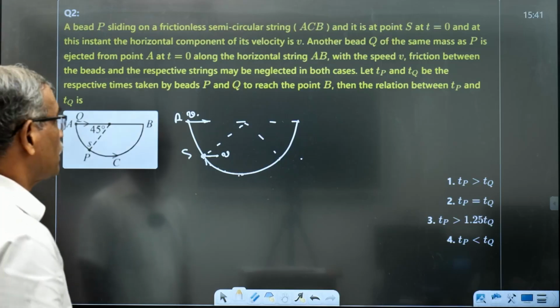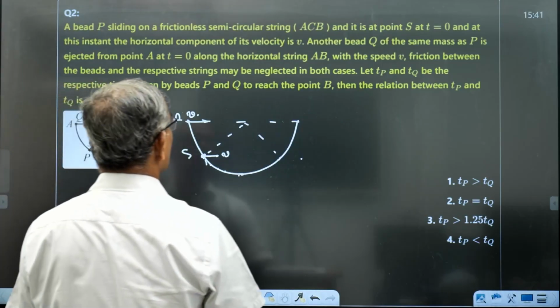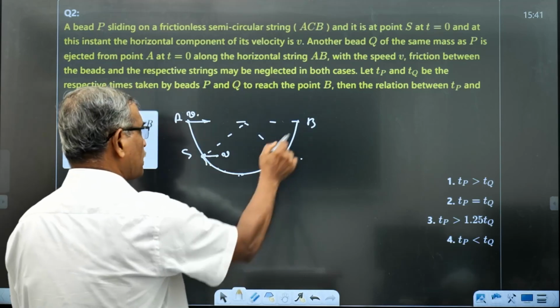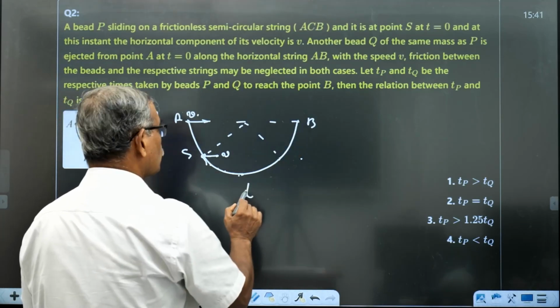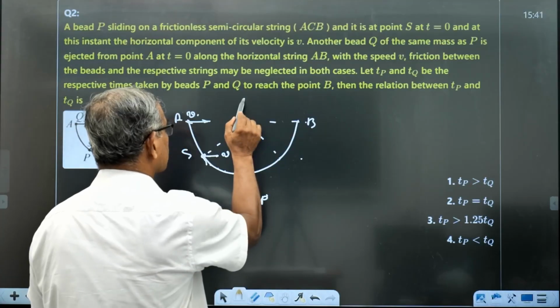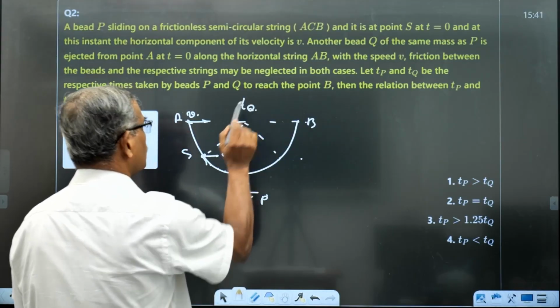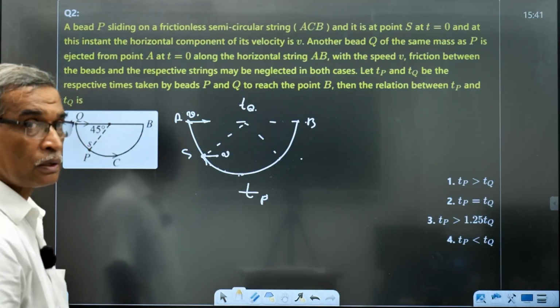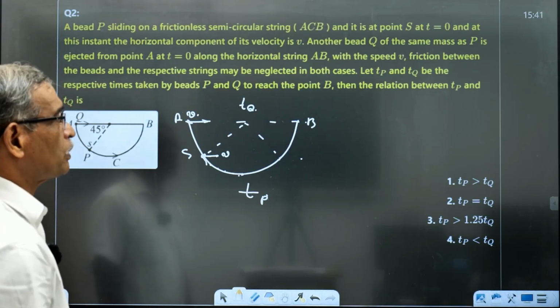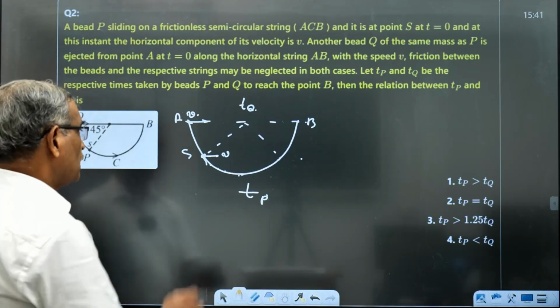Time taken by the beads P and Q to reach that point B: from here to here, time taken is Tp, and from here to here by this particle is Tq. Which is greater or which is less, this is what is asked. Then the relation between Tp and Tq.